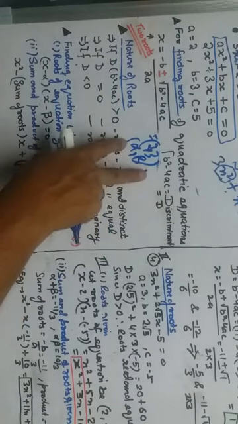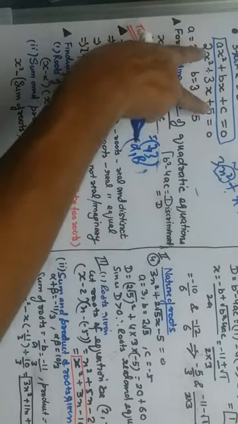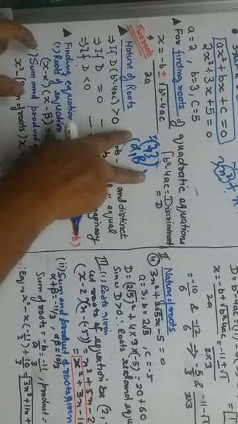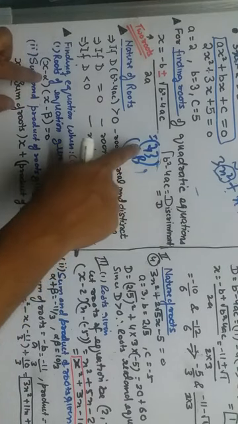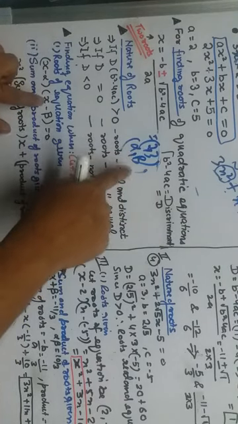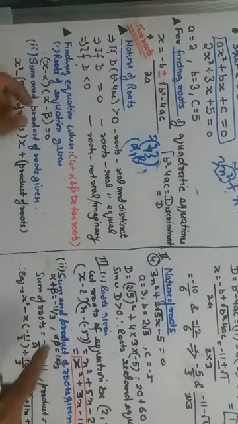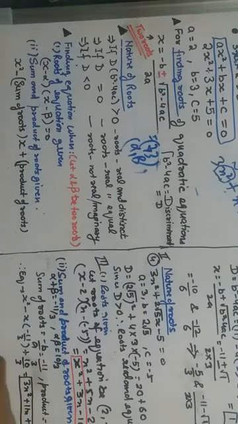Apply this formula: x minus the first root, suppose this is 2, x minus the second root, suppose this is 3, equals 0. Open the bracket and you will get the equation.